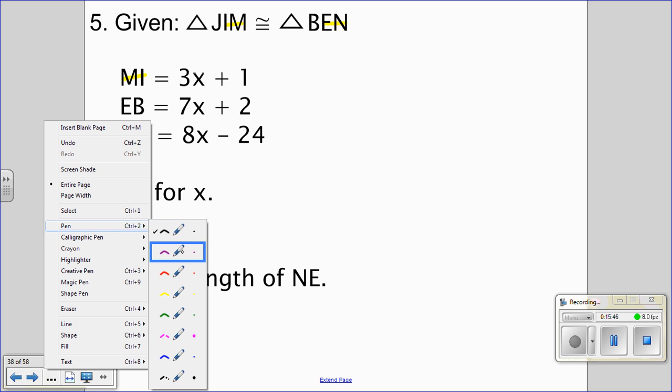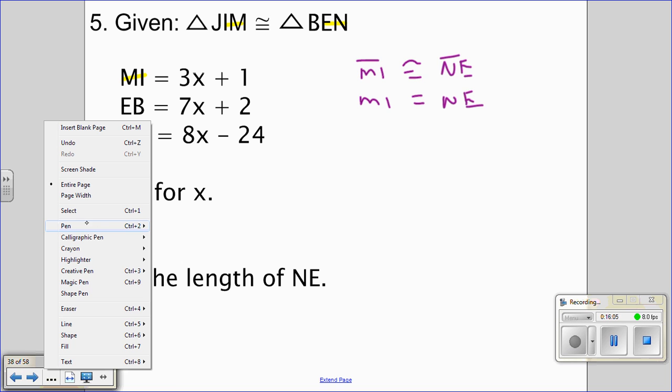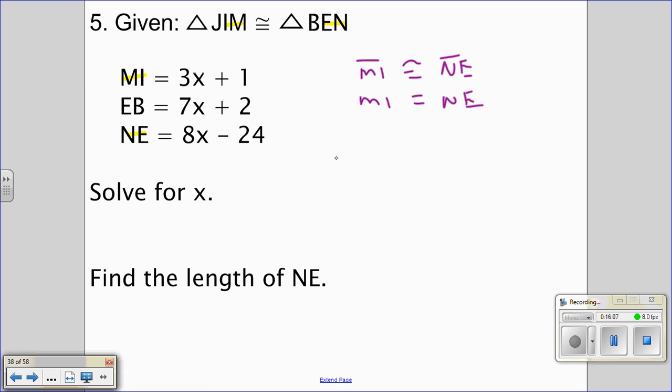So now all I need to do is set those two equal to each other. So again, MI is congruent to NE, which means that the measures are equal. So again, I would write what they gave us. 3x plus 1 equals 8x minus 24. And now solve for x.